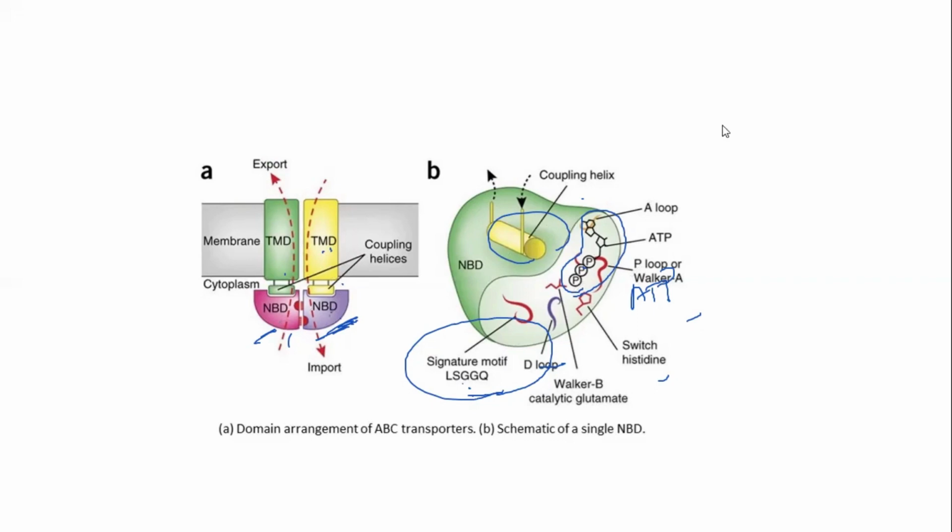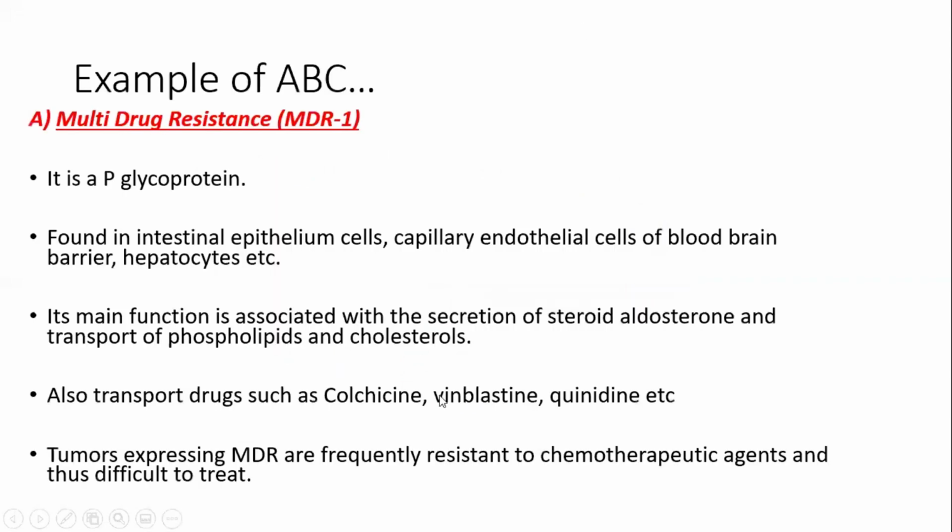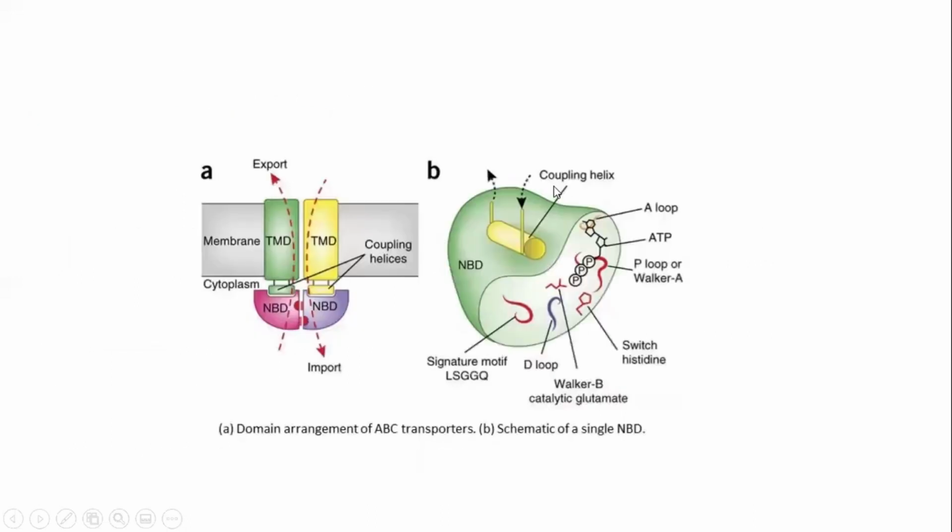Now the example. Here we are going to talk about MDR1. Ma'am, what was the switch histidine in the picture before? Switch histidine means it will make sure that the interaction is proper. Even if I'm not saying, you should understand that.